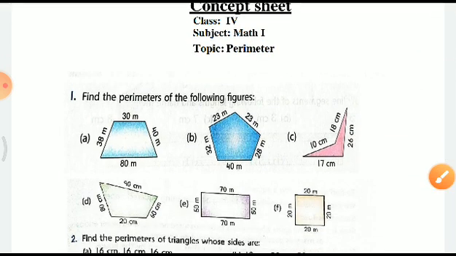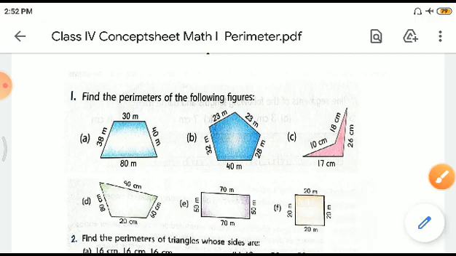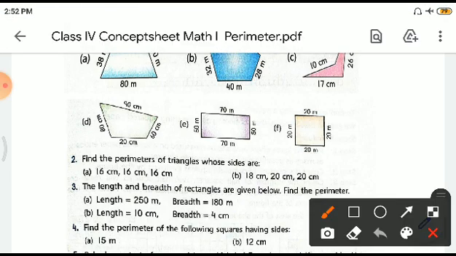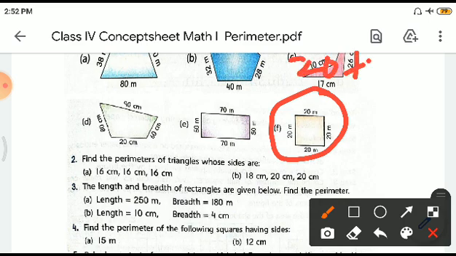Now see, here you will find a square and a rectangle. So we will be trying to do through both the methods. See, it's a square. 20 meter is the side. So perimeter here is 20 plus 20 plus 20 plus 20. So write 4 times 20 and add.